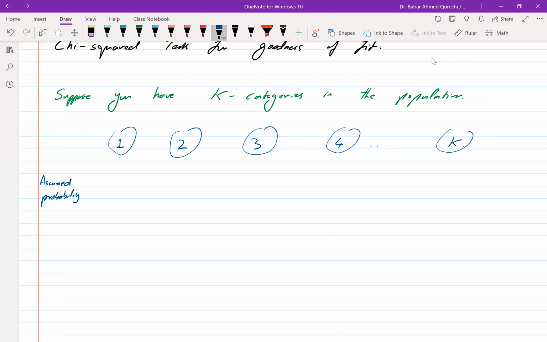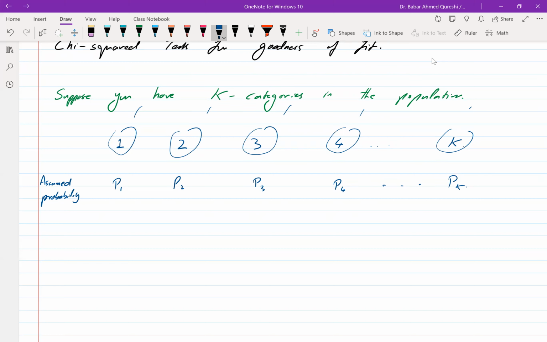And then the frequency of people who prefer each one of them as their best preference would be the probability of this category occurring as their first preference. So for each category, you have an assumed probability. Let's call them P1, P2, P3, P4, up to Pk.